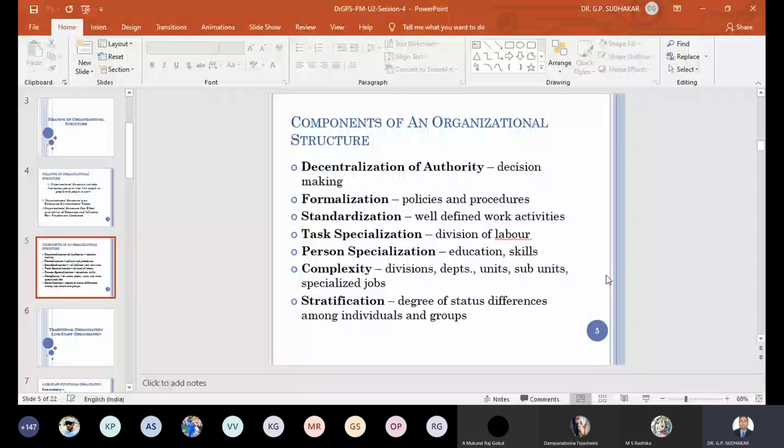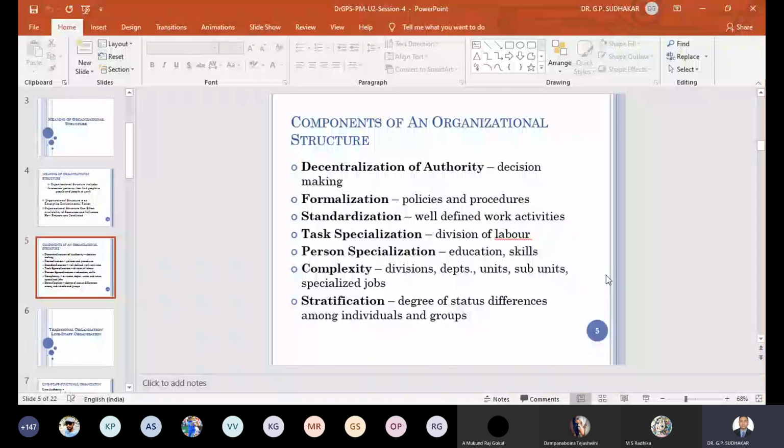Marketing will do only marketing tasks. Production will do only production tasks. This group of people will do HR activities, this group will do finance activities, this group will do production activities, and this group will do marketing activities. Like that, task specialization is also provided by the organization structure.